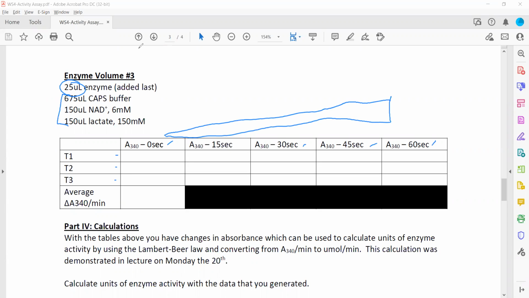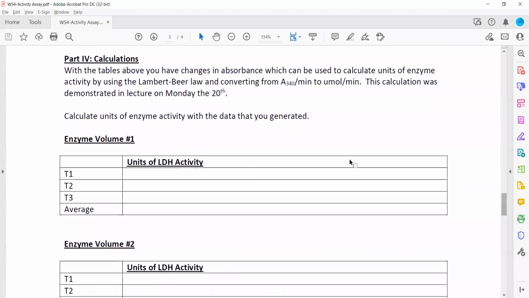All right. The second to last part is doing some calculations. Now, these calculations are very similar to what we did in class, where we're taking our delta A340 per minute and converting it to micromoles per minute.